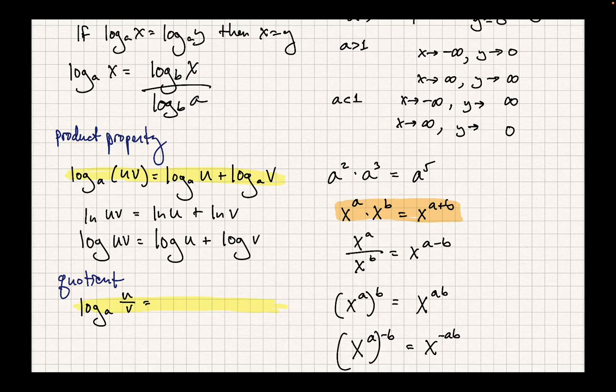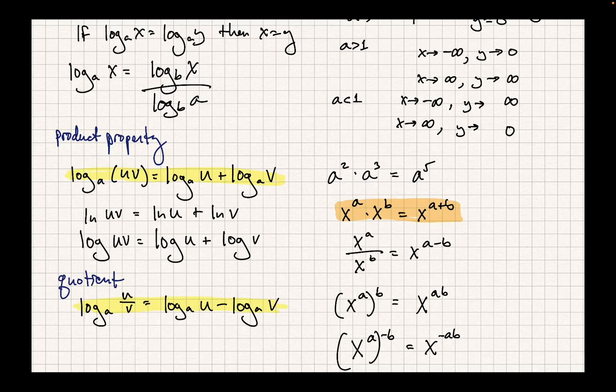So in a similar way, this multiplication does not become multiplication here. This division doesn't become division, it becomes subtraction: log base a of u minus log base a of v.